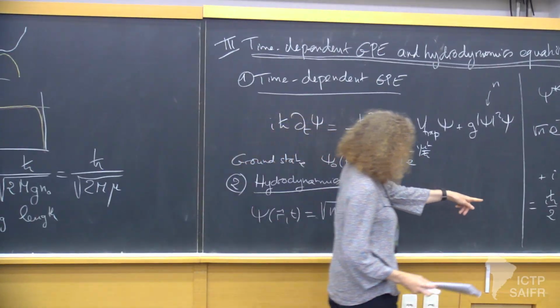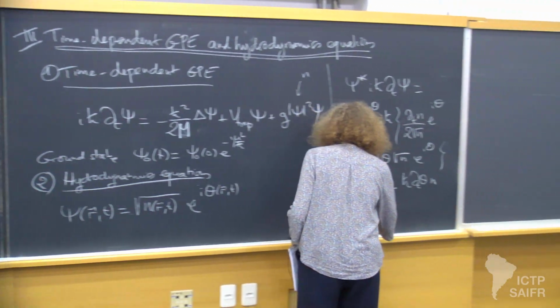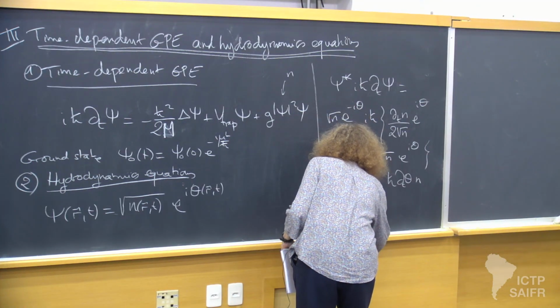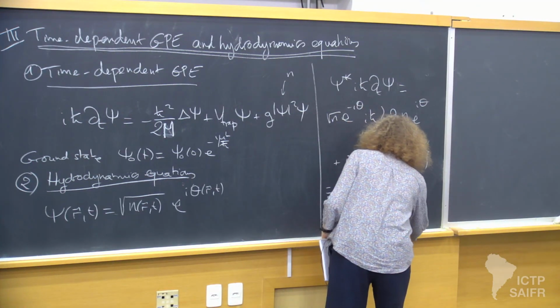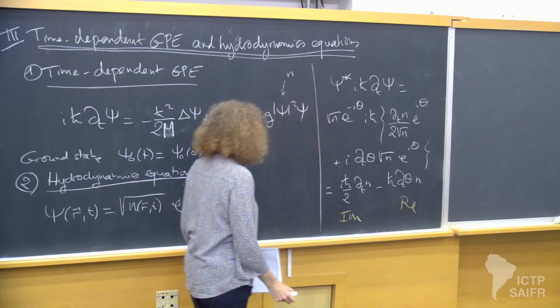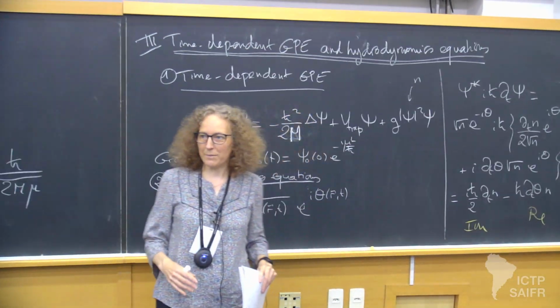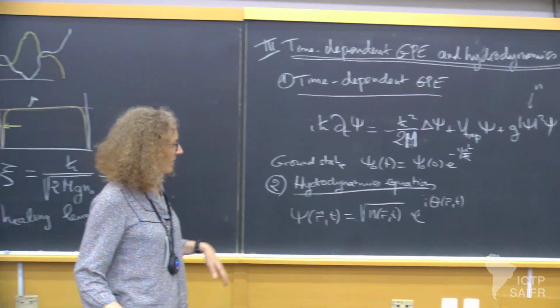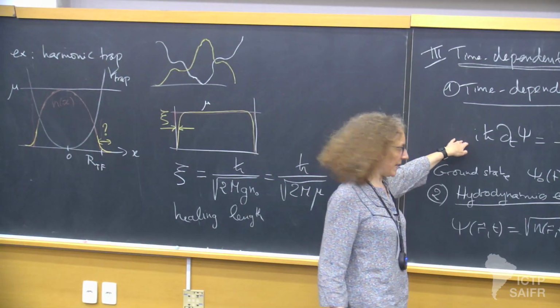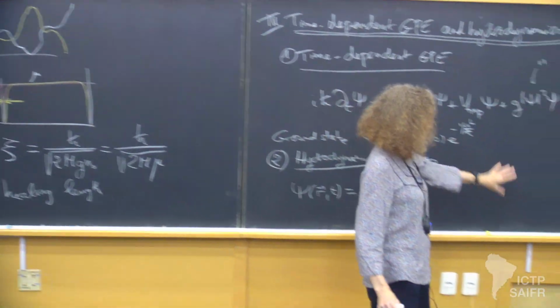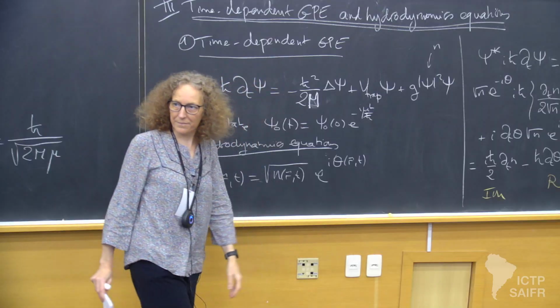So this one is imaginary, and this one is real. So when I will then write the full equation, I will separate into real and imaginary. So I remember that the contribution from the left-hand side has one imaginary part and one real part.